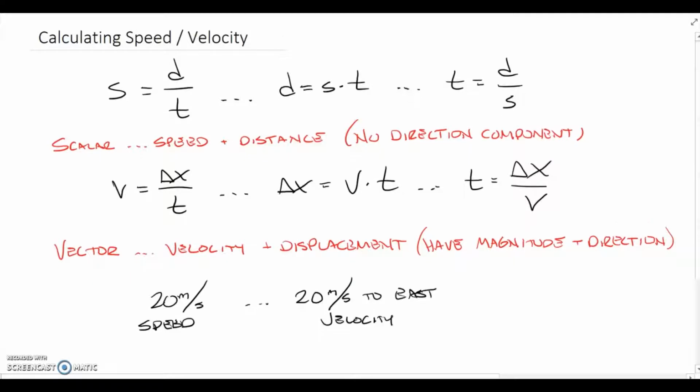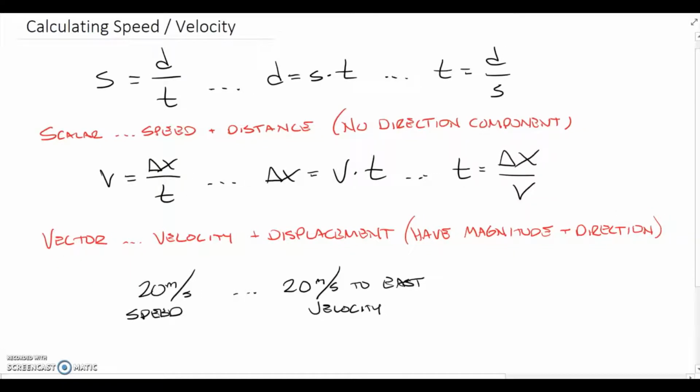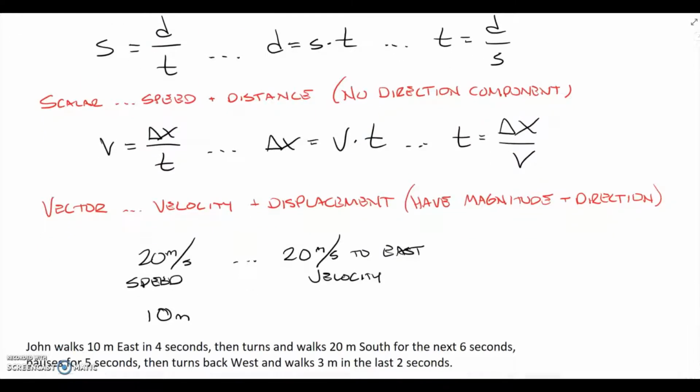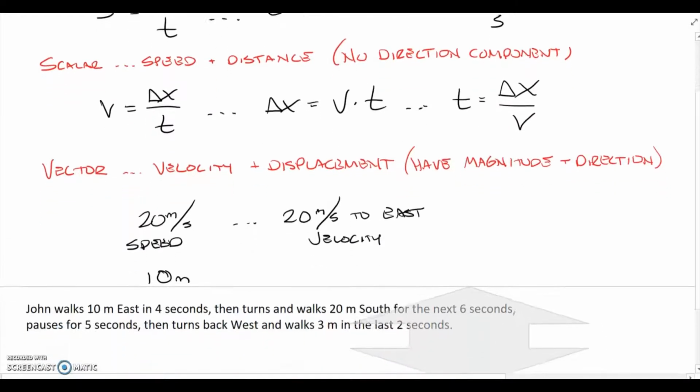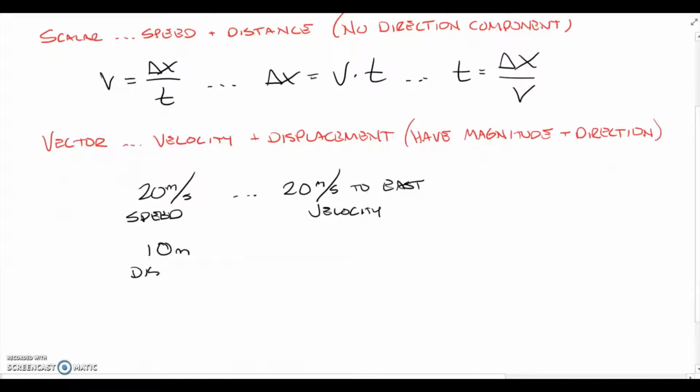Now notice the number part remains the same, right? And that's the part you're going to be calculating with, all right? But we do have a direction component, right? And I could say that I went 10 meters, and we would say that that's a distance. That would be some distance that I might have walked, right?